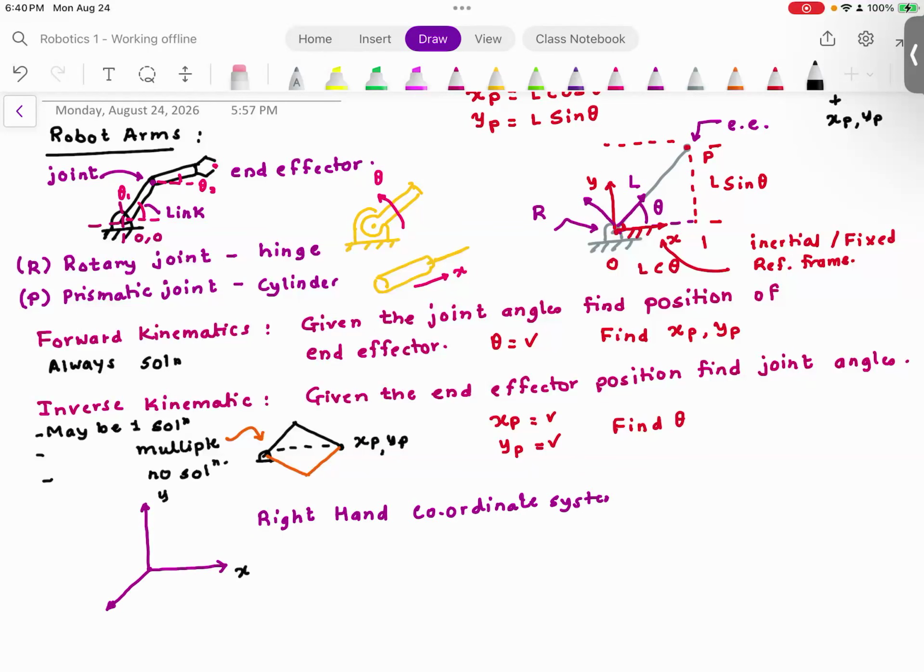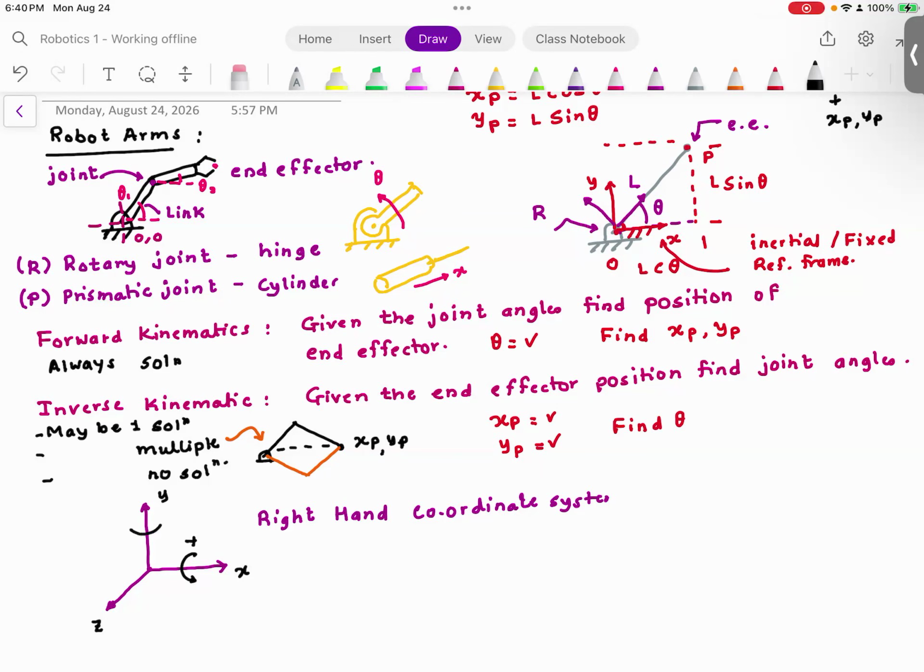This is your positive Y axis. This is your positive Z axis. Now imagine if I have a rotation like this. Curl your fingers in the direction of rotation, right hand. Your thumb is pointing towards the positive X axis. So this rotation is positive.